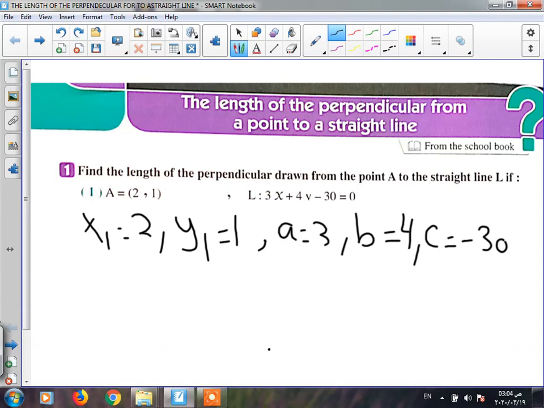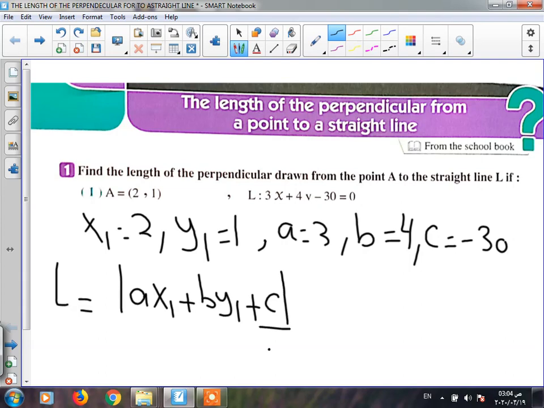In this case, L equals the absolute value of A x1 plus B y1 plus C over the square root of A to the power of 2 plus B to the power of 2.